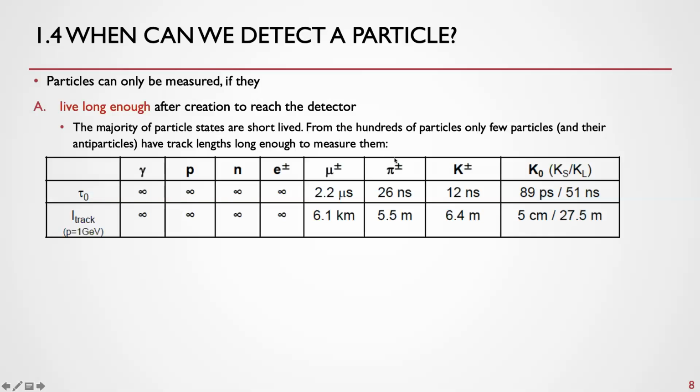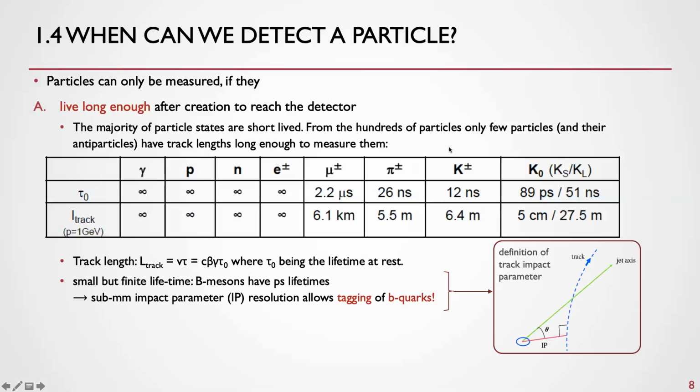We cannot differentiate between pions and kaons, for reasons that will become clear in this lecture. So you have here from this list an idea of the particles that can traverse the whole detector.